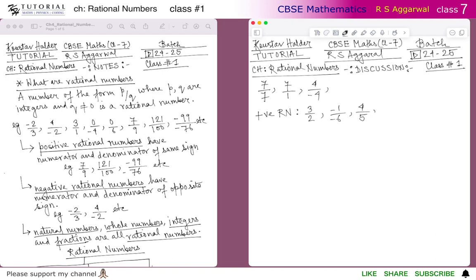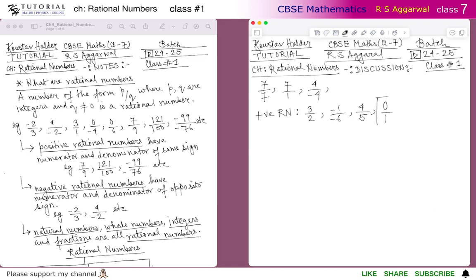But remember, 0 is not a positive rational number. Even though 0 is an integer, by definition a rational number says p and q must be integers and q should not be 0. Now let's consider 0 by 1. 0 is an integer, 1 is also an integer. It is a rational number, but is it a positive rational number?